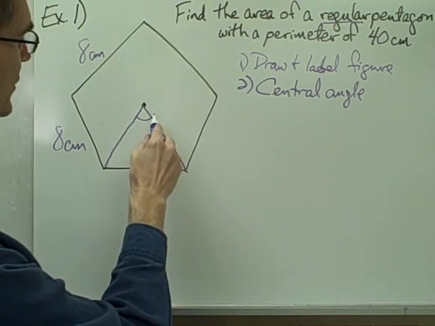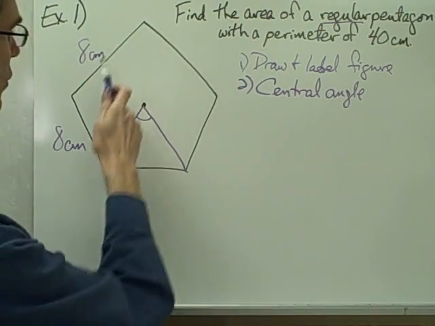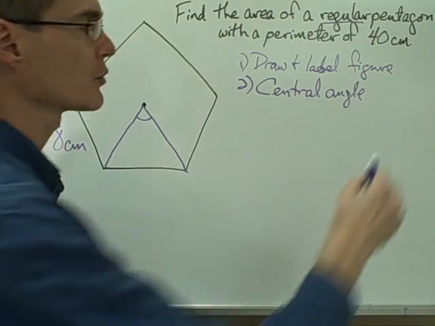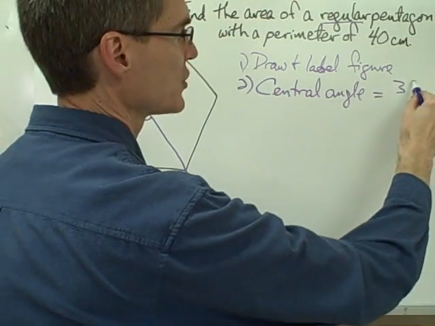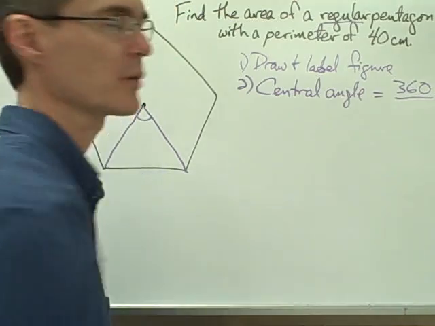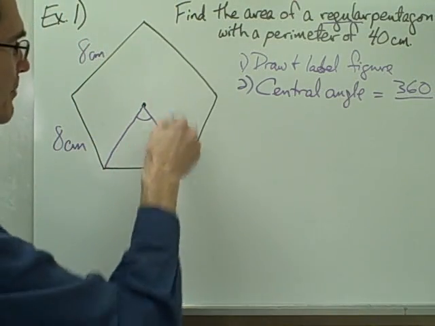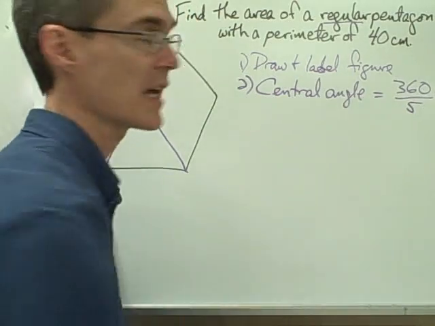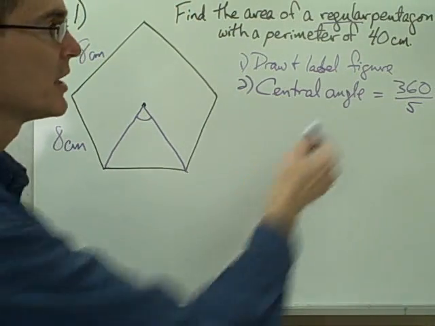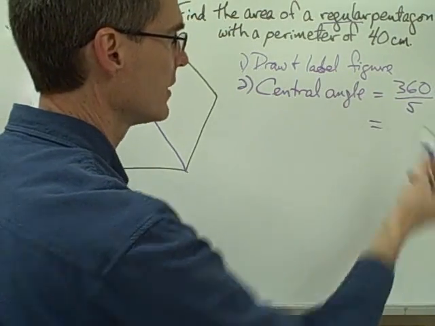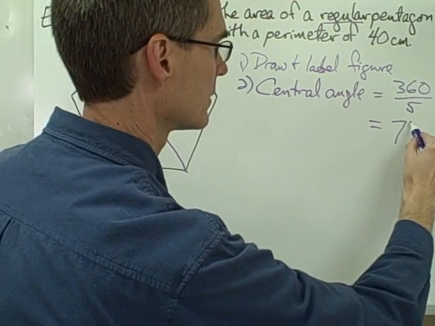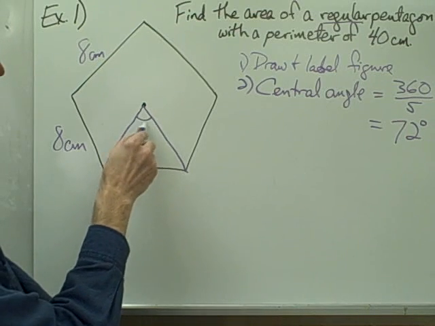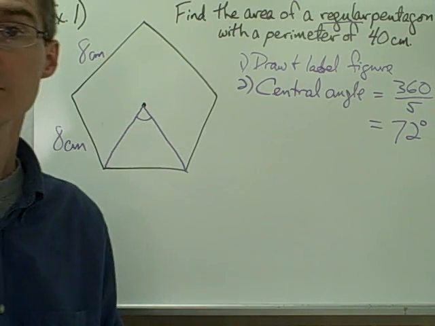Since I have a total of 1, 2, 3, 4, 5 central angles, to find the measure of one central angle, I take the total of all of them, which is 360 degrees, and divide that by the number of central angles, which is 5, because I have a pentagon. So 360 divided by 5 turns out to be 72 degrees. Now I know the measure of this angle right here is 72 degrees.